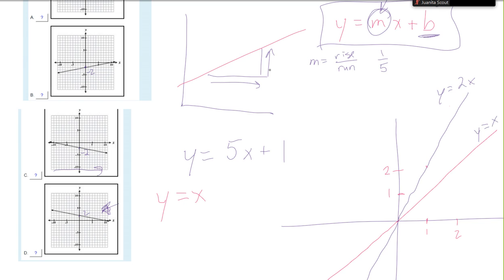This plus 1 is going to move everything up 1 block. So even when you're at 0, 5 times 0 is 0 plus 1. That means it's going to come through here. At 1, it's going to be 5 times 1, which is 5, plus 1, which is 6. It's going to go right up here. Okay, so you're going to end up with something like that.